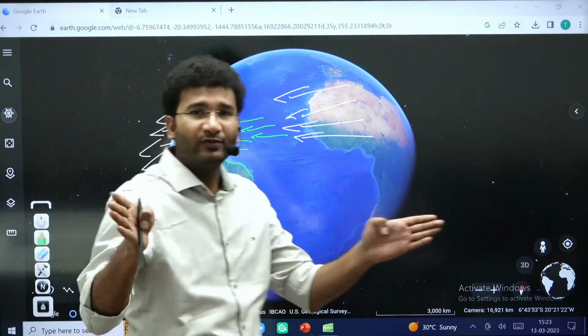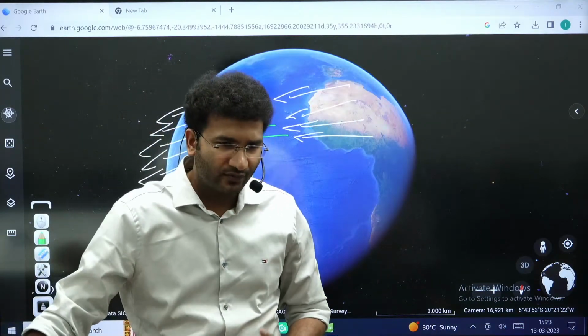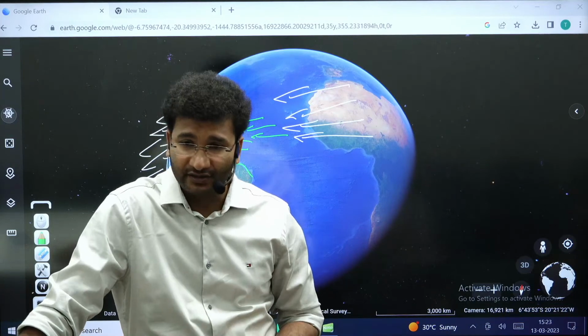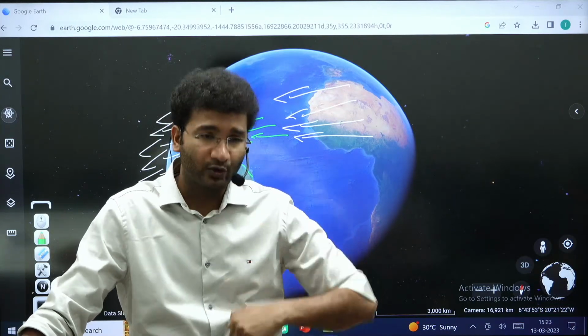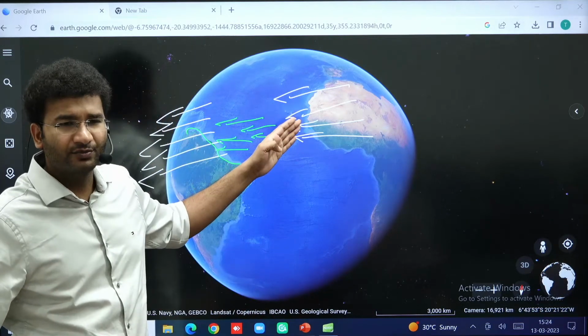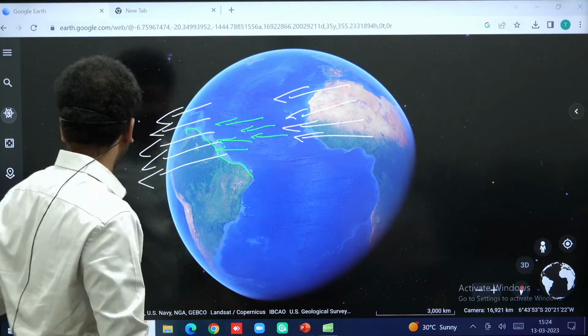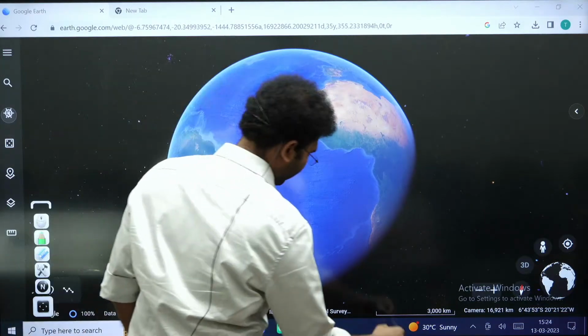Then it will start to divert, right? So it is influenced by the Coriolis force. It is also influenced by temperature, and temperature is also influenced by ocean currents. So to understand this, you need the concept of upwelling and downwarping, how this upwelling and downwarping takes place. See, let's try to understand.